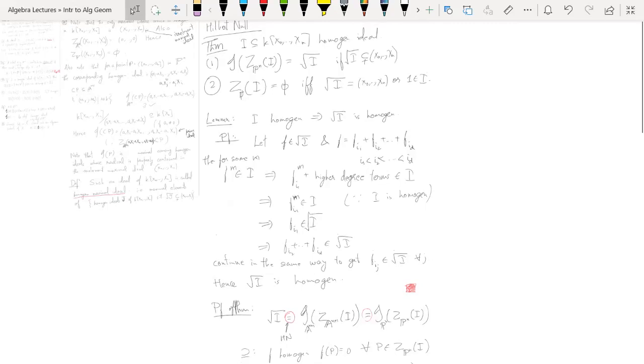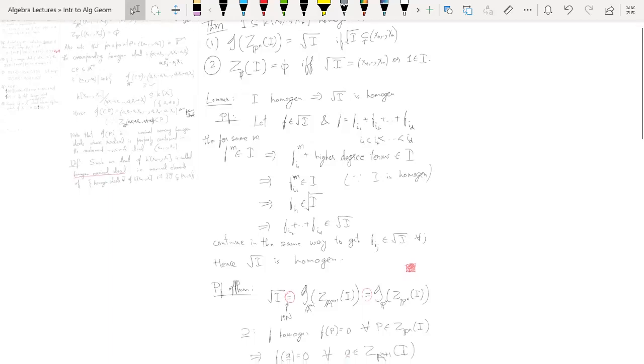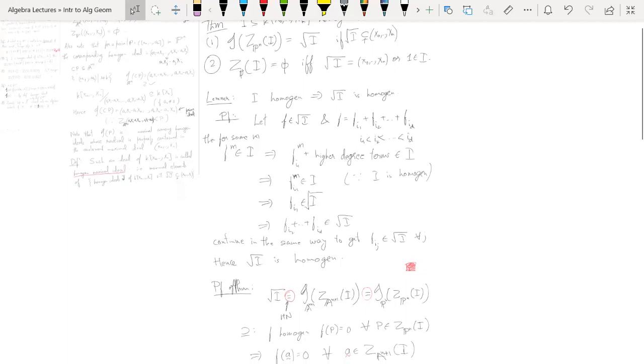Because if it contains some point P other than the origin, then since I is a homogeneous ideal, it contains the whole line through the origin and this point, and then this P, as a projective point, will lie in the zero set of I, which will contradict the assumption that the zero set of I is empty.